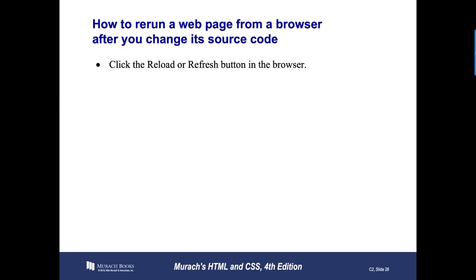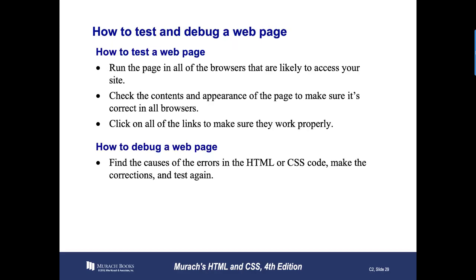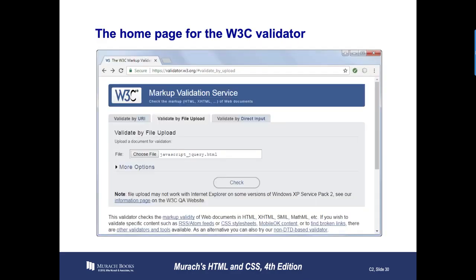All right. So with the Live Server plugin that I had you install for Visual Studio Code, you don't ever really have to refresh the Chrome web browser because it's going to do it automagically for you. All right. So we're going to skip over this for now.